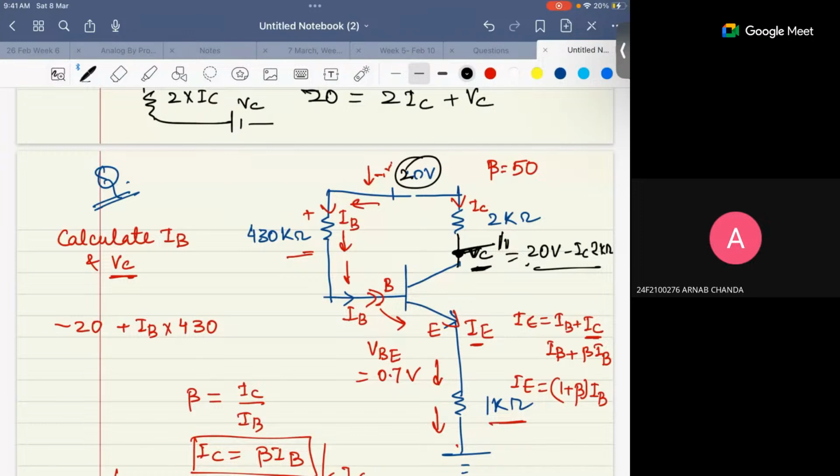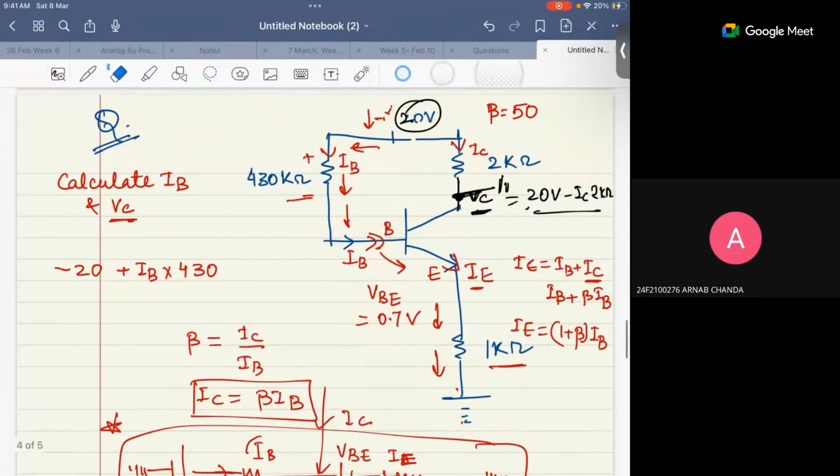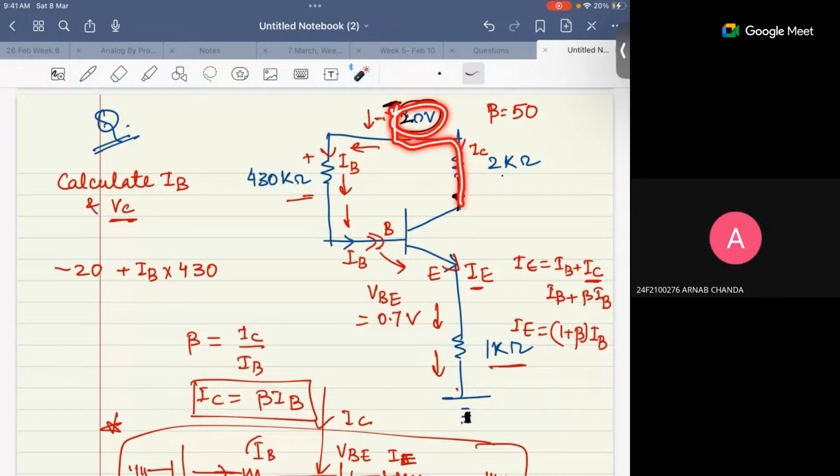Now, if you have understood it, can somebody write this equation from this ground till here? I am moving from this ground. There is a 20 volt, some potential drop here, some potential drop here, and then a potential drop here. Correct? So how can you write this equation?